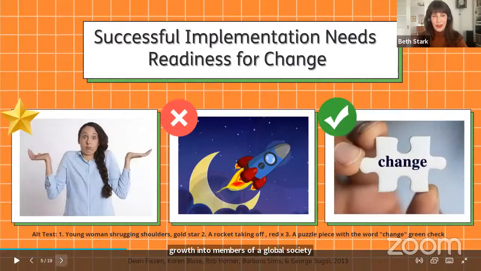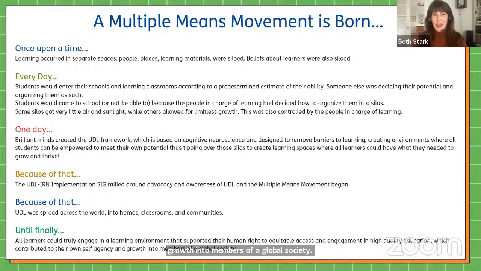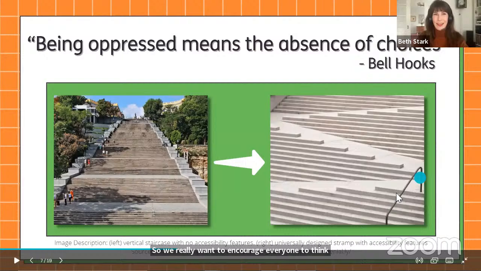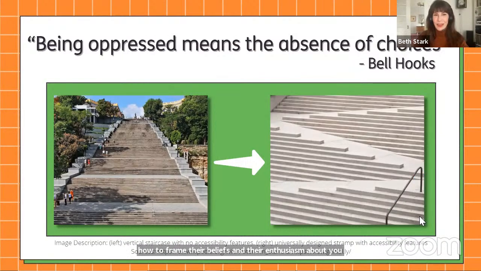So we really want to encourage everyone to think about how to frame their beliefs and their enthusiasm about UDL in a fun and fanciful way that is going to be a hook for other people. And then, of course, linking that to the fundamentals.